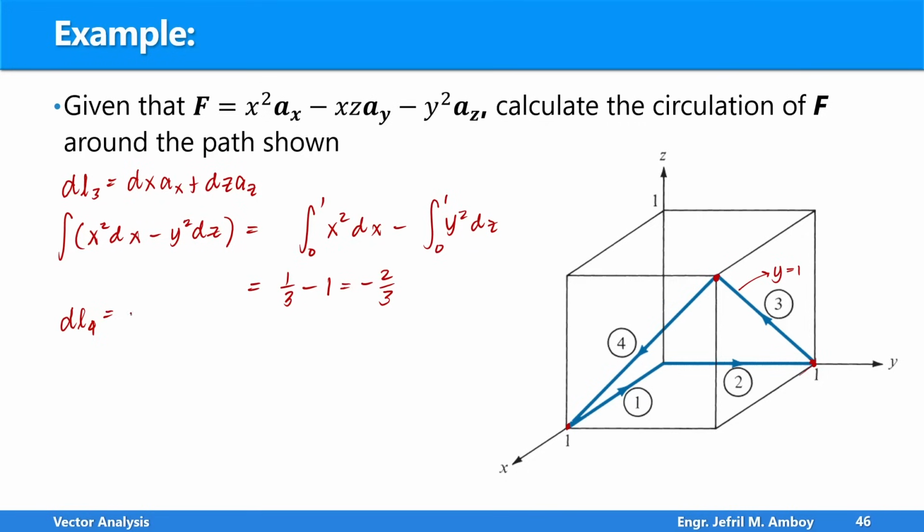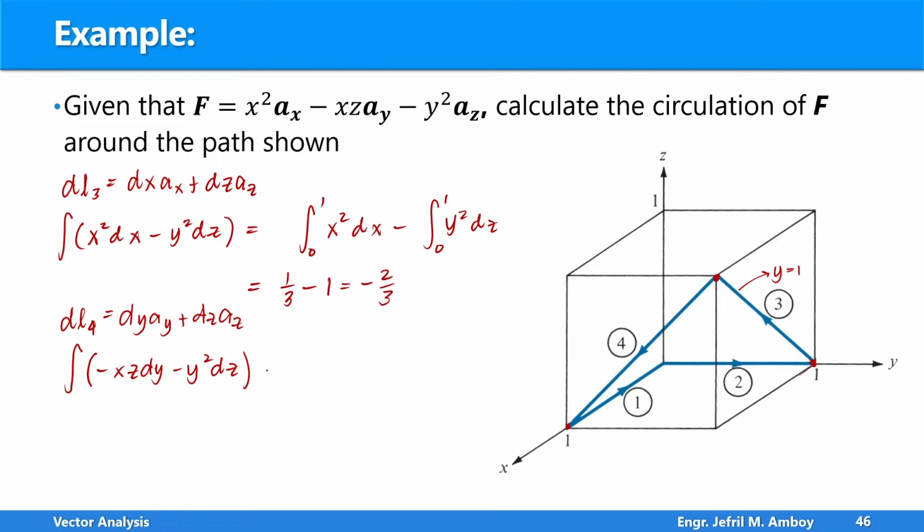So dl4 must be dy ay plus dz az. Now, if we get the dot product, f dot dl4, ax will vanish. So what remains inside the integral? What remains is negative xz dy minus y squared dz.